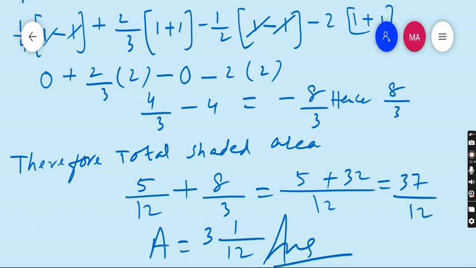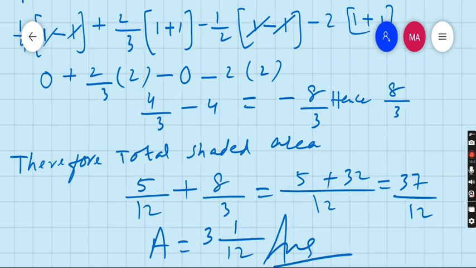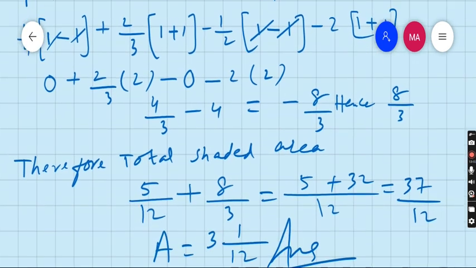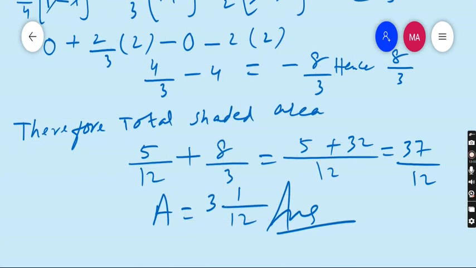I did a silly mistake. I forgot the concept. I added directly in our last lecture, but I told you in that lecture that I will do the question again. Students, teacher is also a student.